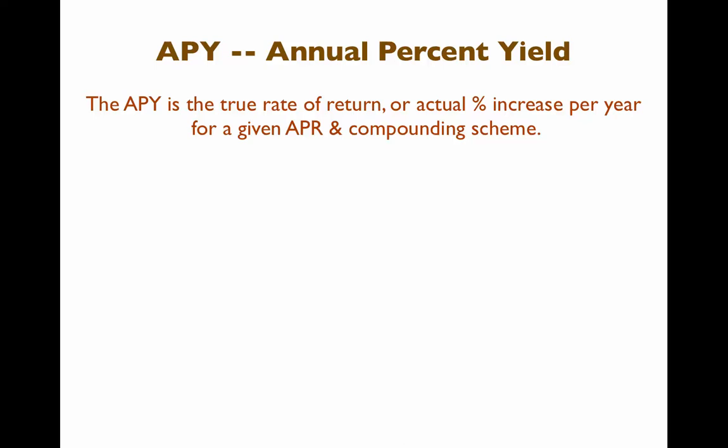So APR is the initial number that you have, which you have to combine with compounding to get any kind of true rate. You have to divide by 4 quarterly to get the true quarterly rate, divided by 12 monthly. And that's the one time when we break the rules. Then you can work backwards and get your true rate of return. And that's called the APY.